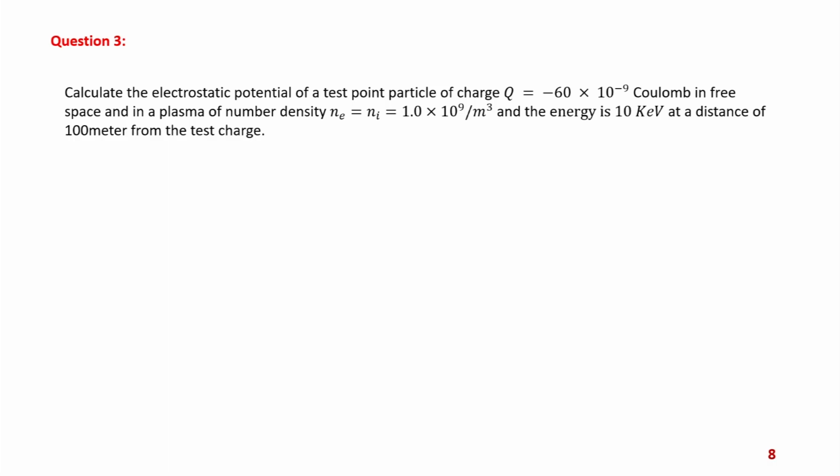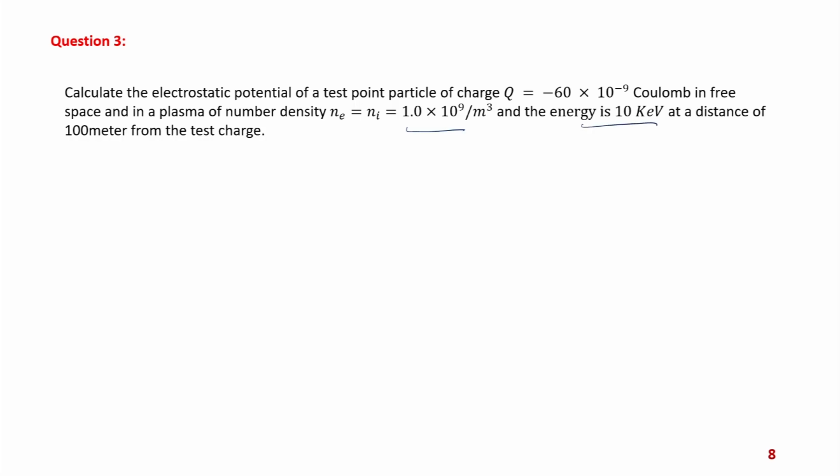Okay. Now, let us do this problem that is again related to Debye shielding only. Here the problem is a test charge, which is a point charge, is introduced in a plasma where the density is given by this and the energy is given by this. It is the same as our previous problem.